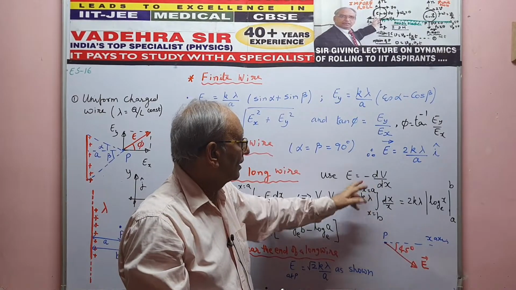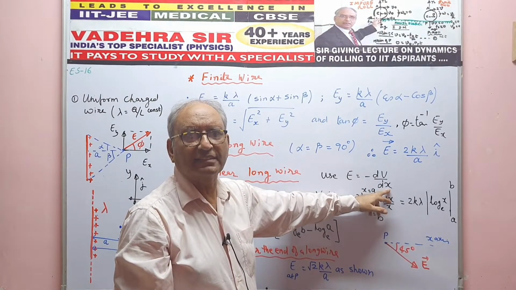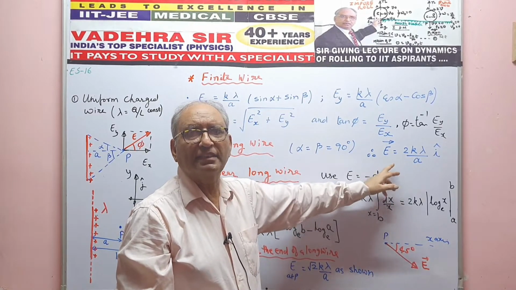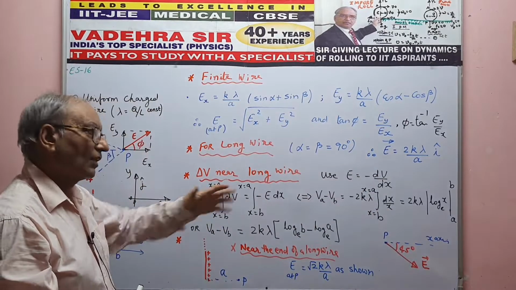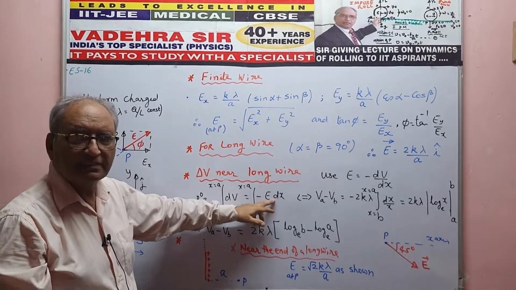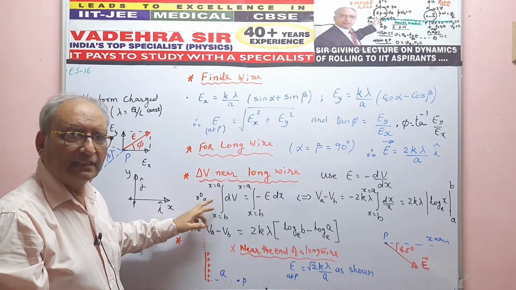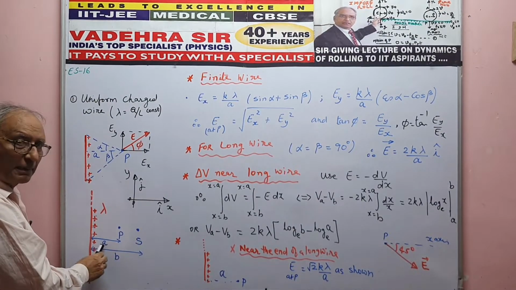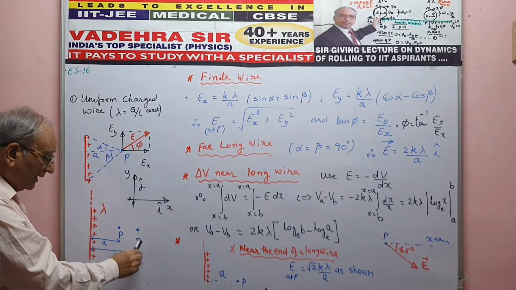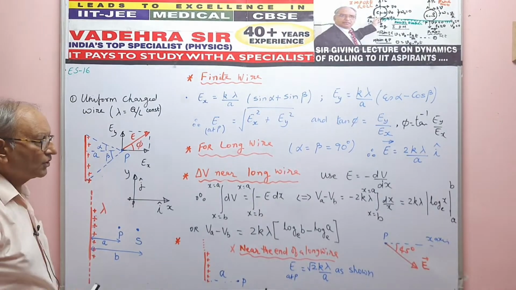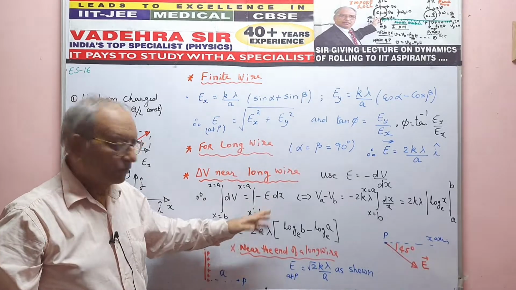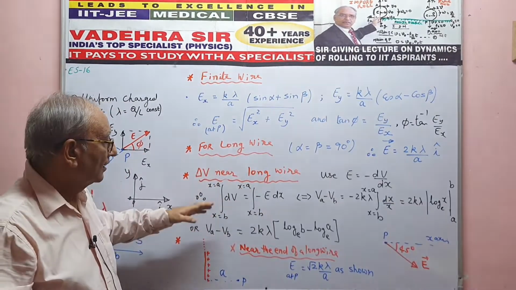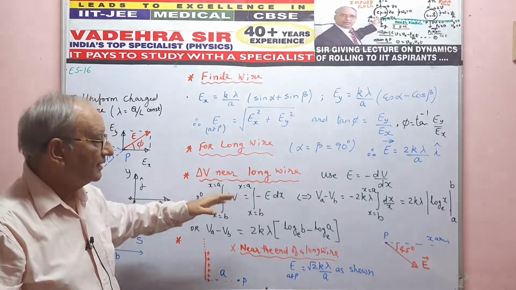E is a function of x, and so is V. So I take dV equal to minus E dx and integrate both sides. Suppose I've taken the two points P and S. P is at perpendicular distance A from the wire, and S is at perpendicular distance B. So the limits of integration will be x equal to B to A, the standard relationship between potential difference and intensity.